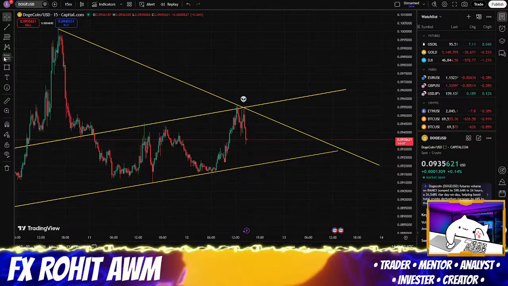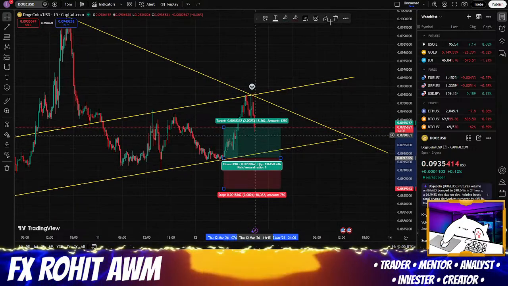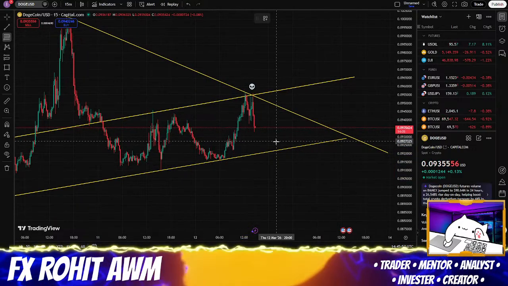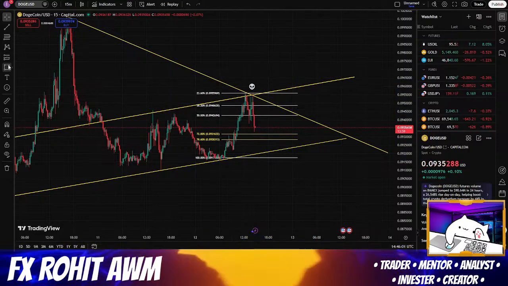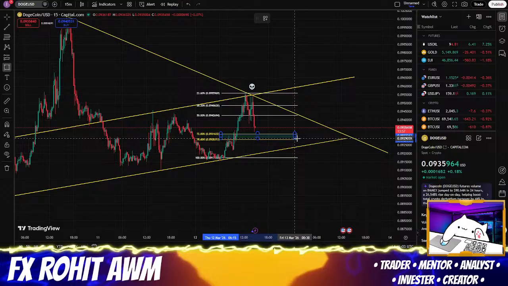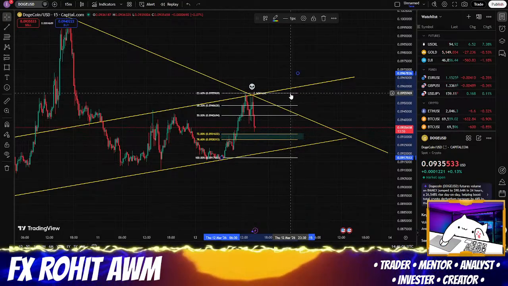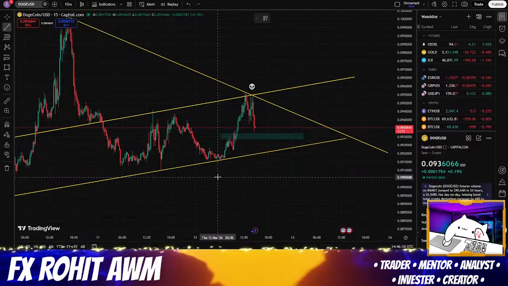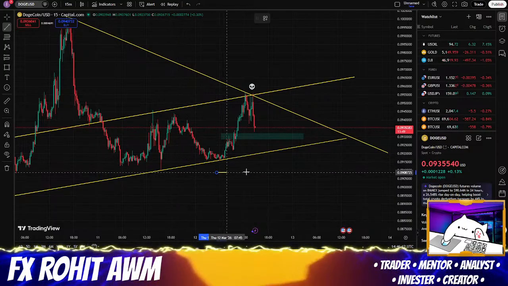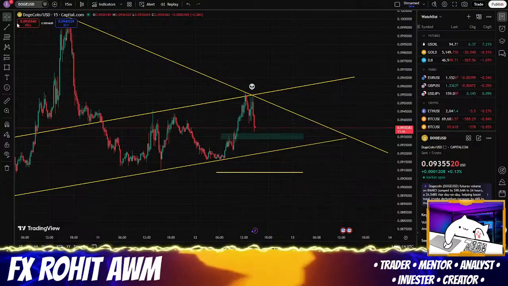So in this trade we'll apply a Fibonacci. Okay, so our SL is very low, guys. Our SL is on that low, and we can get a clear 1:1 trade.